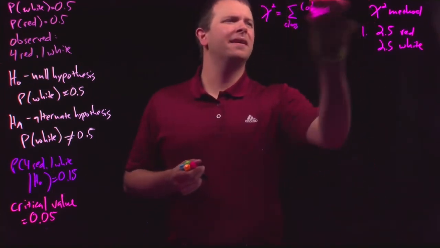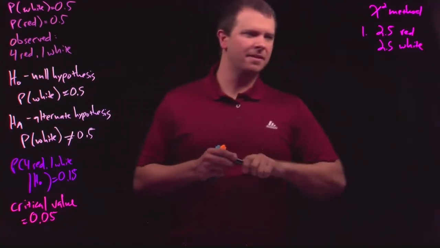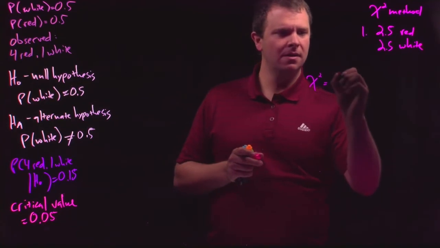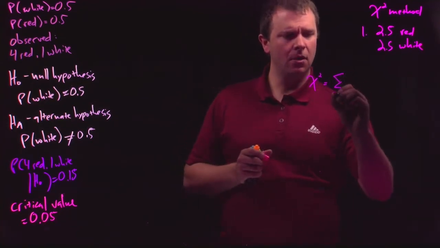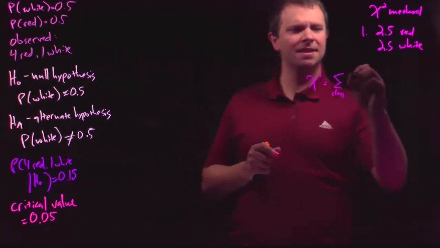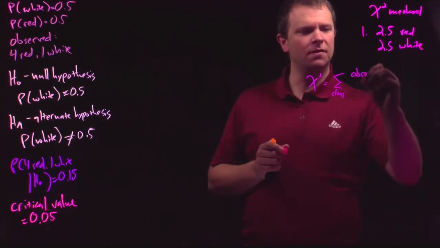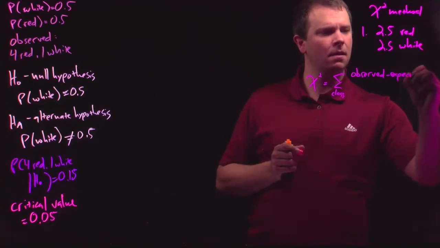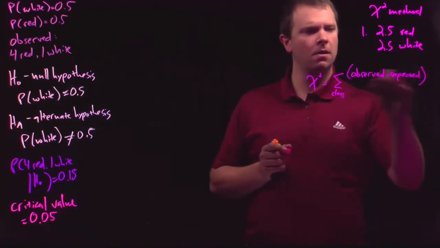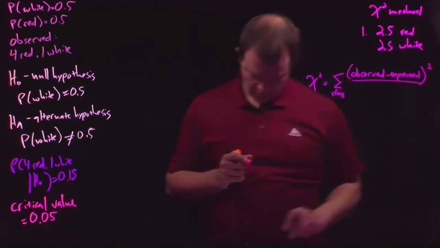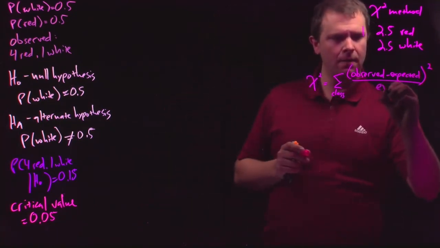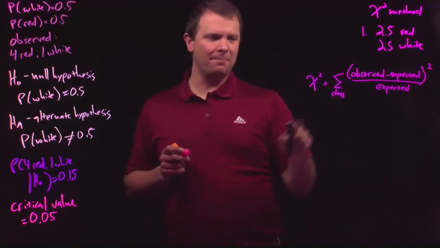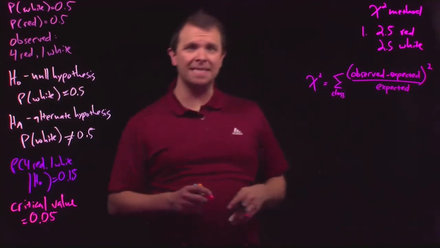Let me go ahead and write this out in the middle. Here we go. So chi-square is the sum over all of the classes of observed minus expected, squared, over expected. And again, this uppercase sigma, this Greek character, means the sum.